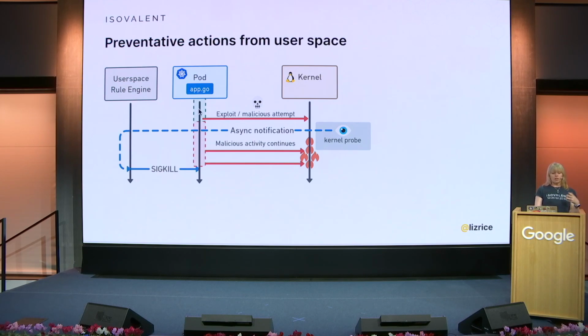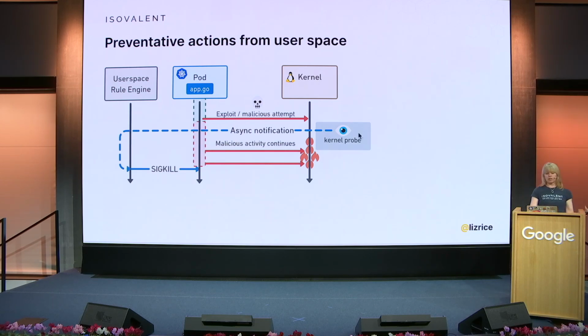The traditional way to create preventative actions is that we detect something doesn't meet the policy, something looks suspicious, it looks like it might be an exploit. The kernel probe, the eBPF program, spots this suspicious event and tells some kind of user space rule engine.